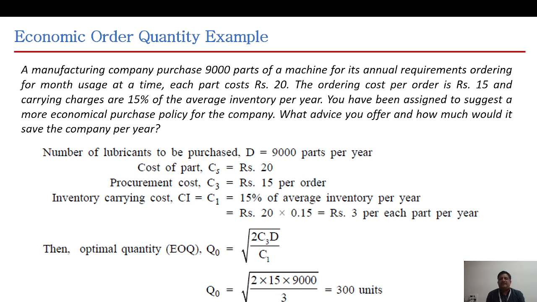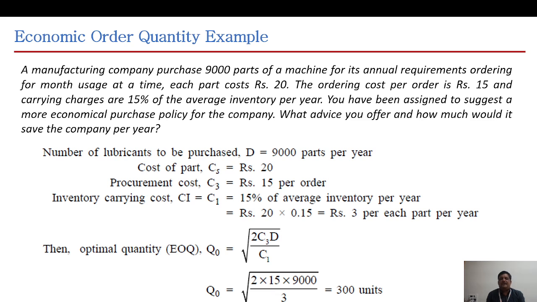Inventory carrying cost is C into I, so C1 is equal to 15% of the average inventory per year. Cost per part is 20 rupees into 15%, that is 3 rupees for each part per year.